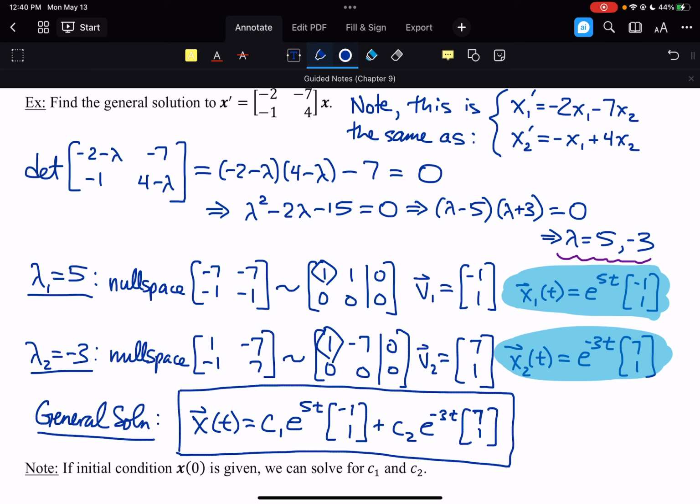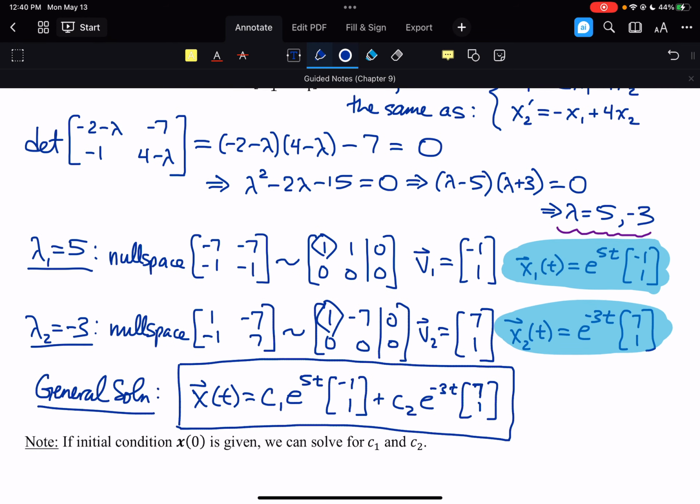And that will be our general solution to that system of differential equations. And note down here at the bottom of the page, if there was an initial condition given, so like x of 0, for example, we could solve for c1 and c2, given that value for t. We saw an example like that last time, but of course, in this particular problem, it's not asking us for that.